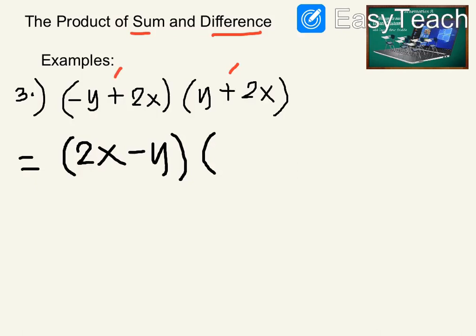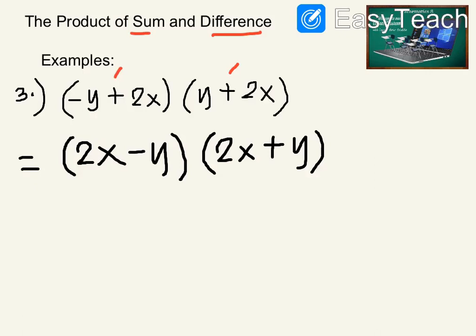So 2x plus y, kasi since pareho lang yon, no. Now sa first quantity kasi, ang ginawa lang natin is yung negative y, hindi naman natin binago. So minus y is still minus y, as you can see, and the positive 2x is still positive 2x. So we do not alter the sign.